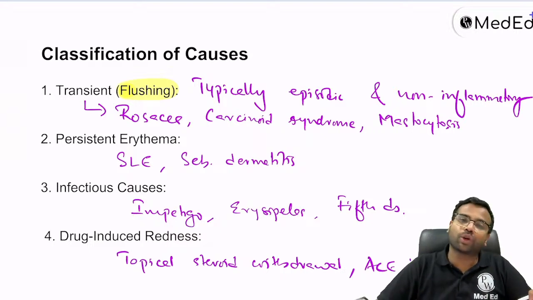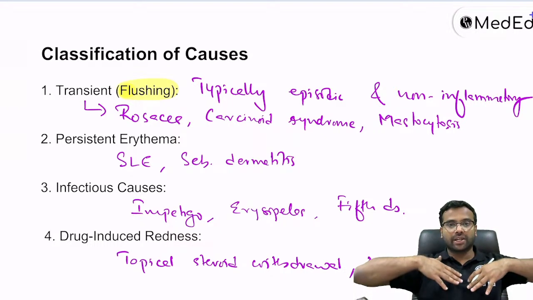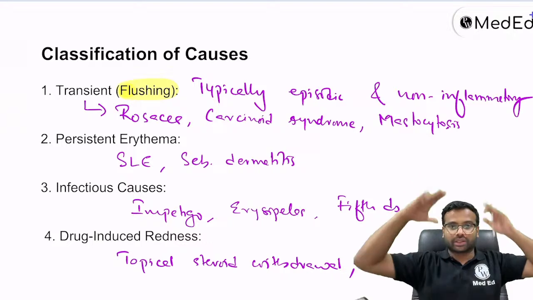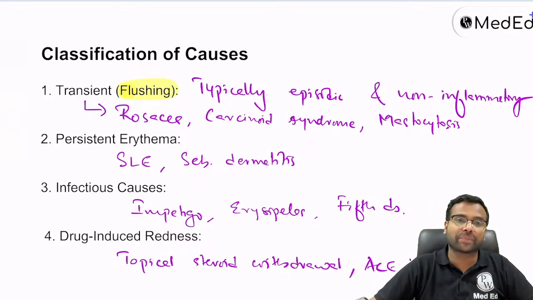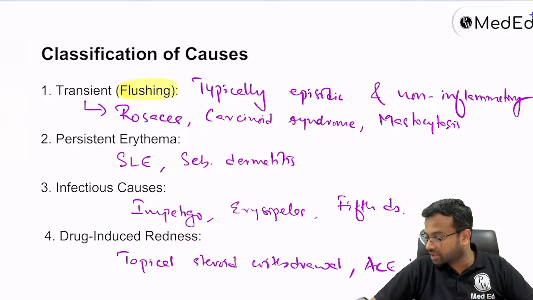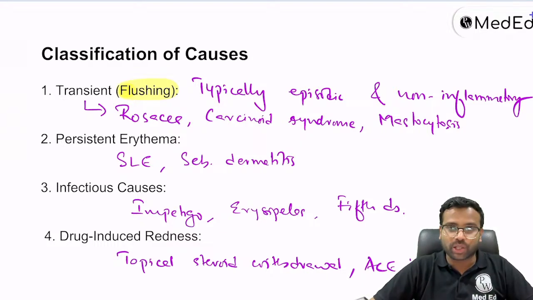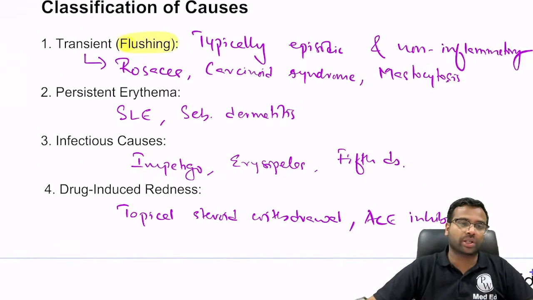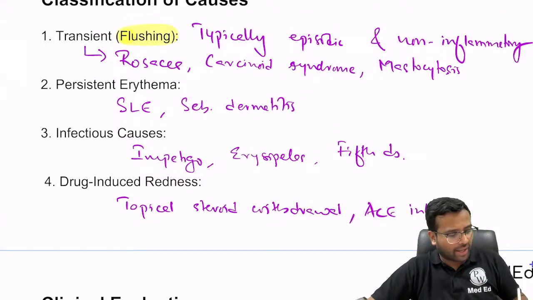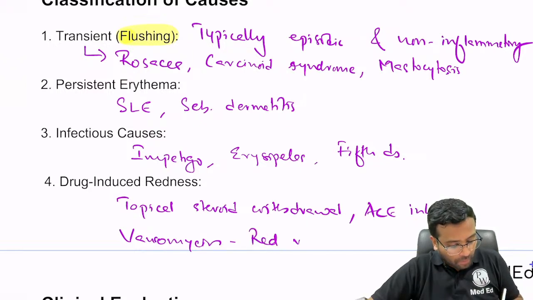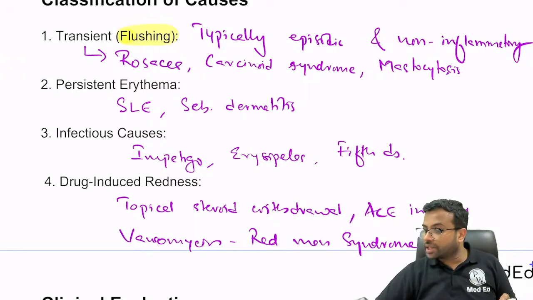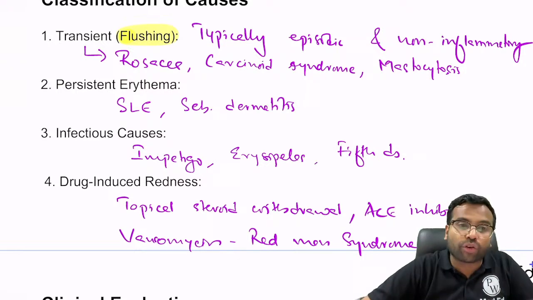Red man syndrome is also one where you can see that there is a reddish discoloration over the upper part of the trunk, right? So that can be seen. A very good answer. That is basically a histamine reaction to vancomycin infusion, right? So all these things can be like vancomycin, red man syndrome. Excellent. So all these are going to be the causes of a red face.